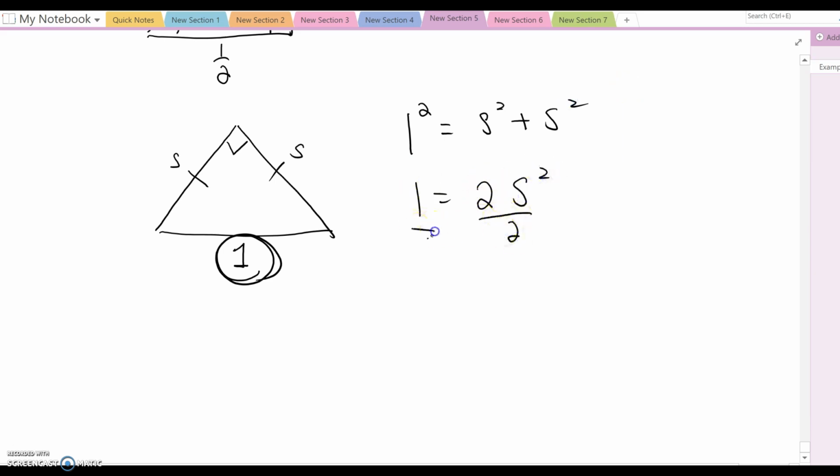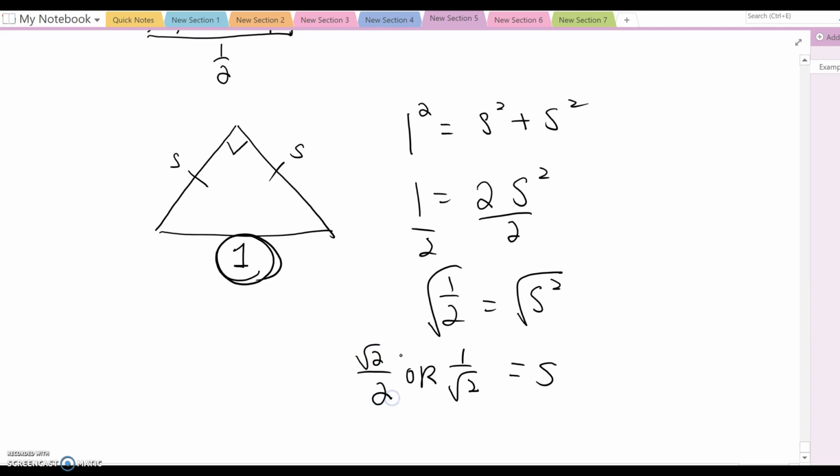Now divide by 2. Then s squared equals 1 over 2 here. Take the square root. Then s equals 1 over root 2. Or rationalizing, root 2 over 2 here. Okay? Since this is 90 degrees, we can find that each angle is 45 and 45. So in this case, if the hypotenuse equals 1, then each length becomes root 2 over 2.